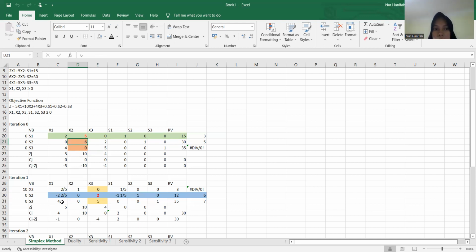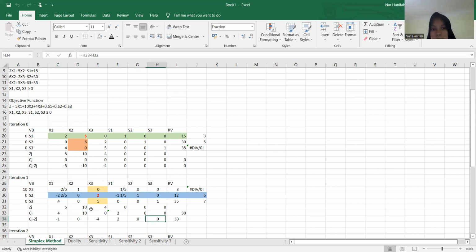And also the third row, we do the same way, and we got Cj equal to 4, 10, 0, 2, and so on.